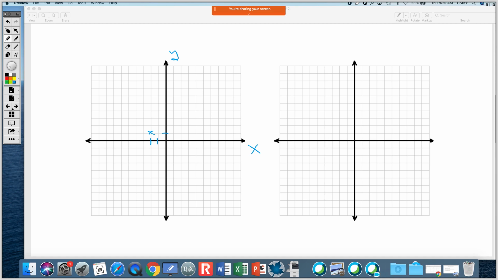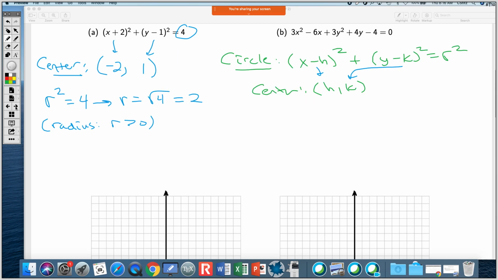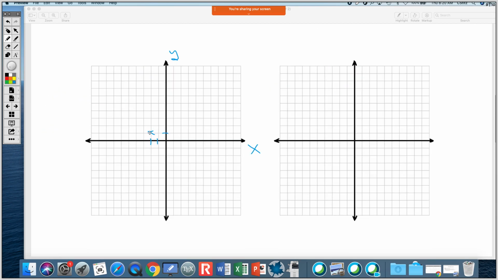And then the radius was 2. So that means I'm going to go 2 units left and right, 2 units up and down, and then I'm going to connect the dots in what I hope will look like a circle. Okay, I always like to write the word circle next to it so people know I've tried to graph a circle.